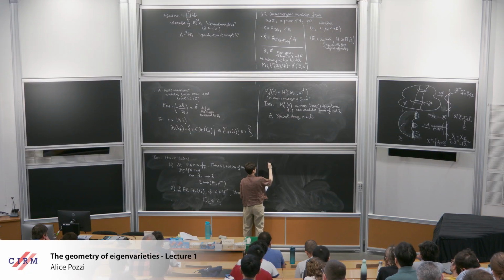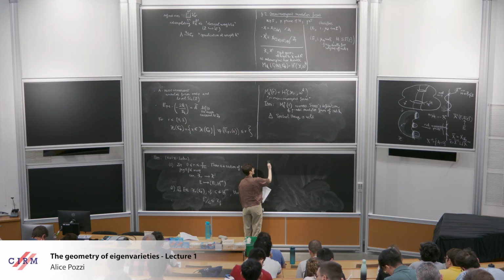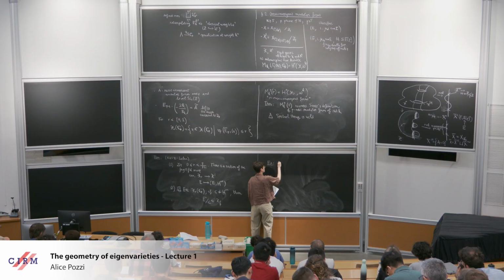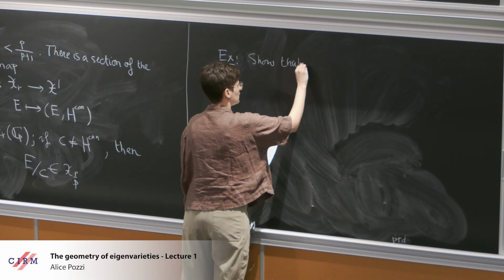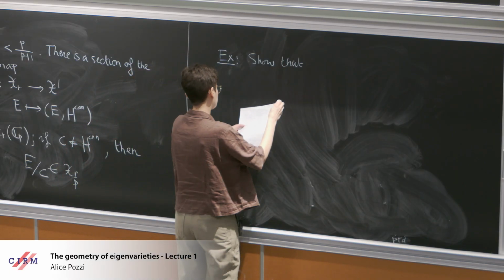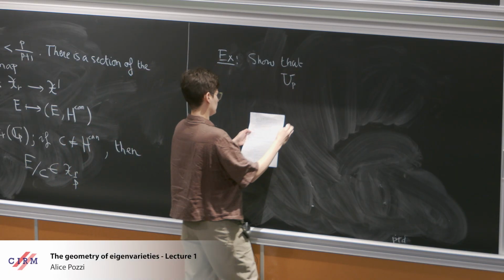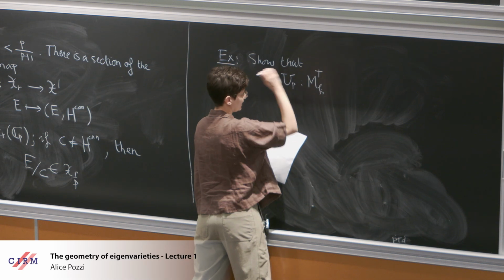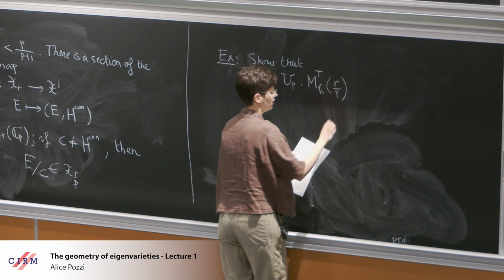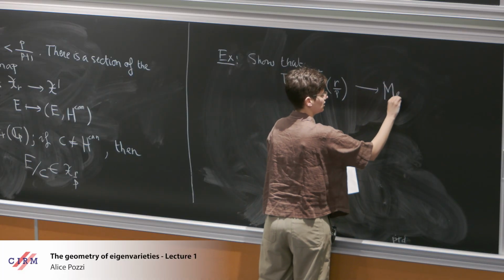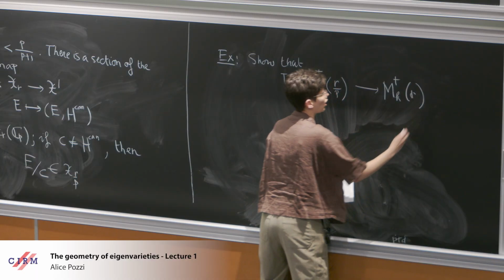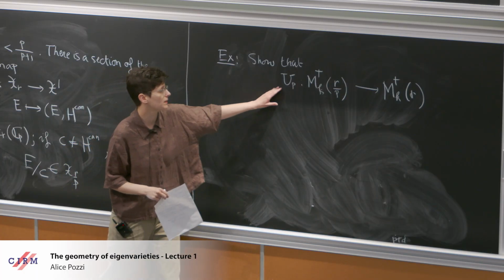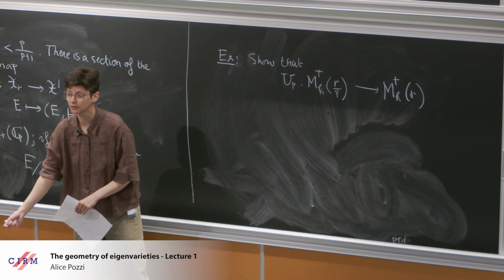This in particular tells us that if you define, and in fact, this is going to be an exercise for you to do, use this to show that the usual definition of UP via correspondence gives you a map from UP from MK overconvergent of radius R over P to the one of overconvergent of radius R. So the radius gets multiplied by P. The slogan is that the UP operator improves the radius of overconvergence.